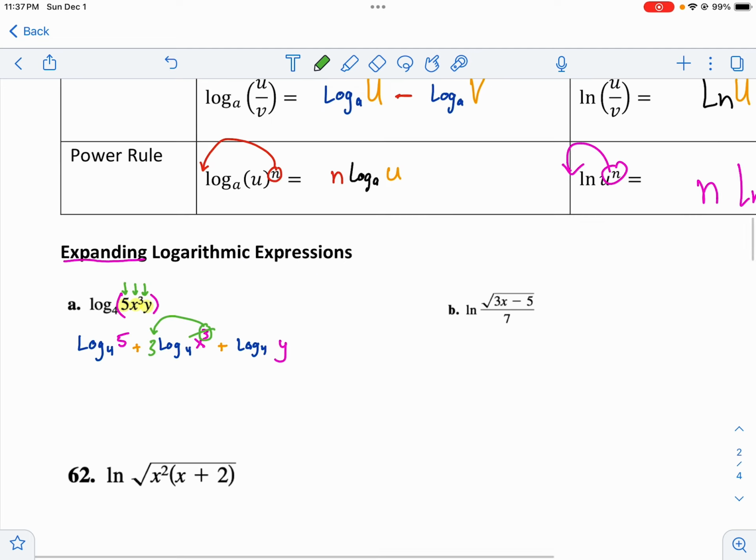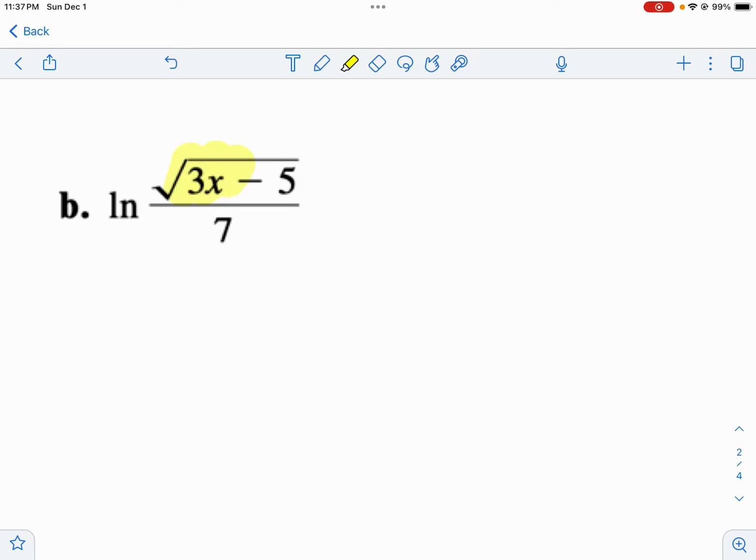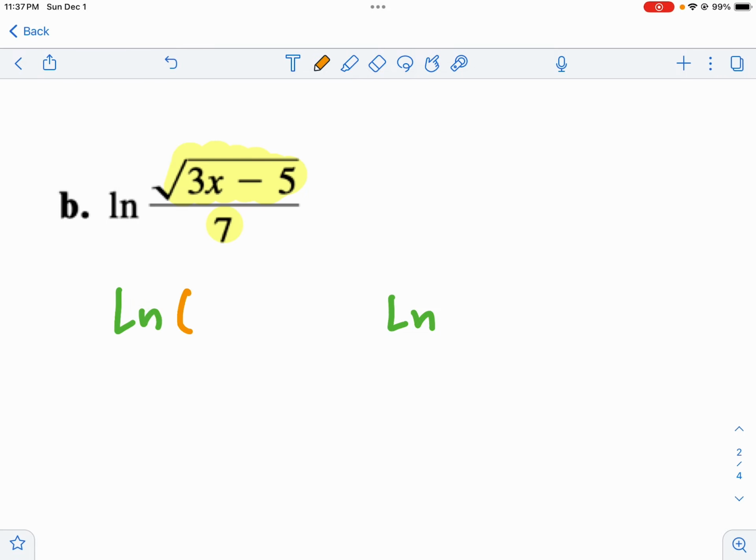Look at B. So again, we're expanding. How many pieces do we have? This counts as 1 piece because it's all underneath the square root. And so 2 pieces. So natural log, I have 2 of them. Radical 3x, I'll put this in parentheses just to make it look prettier. That's on the top, so it's positive.